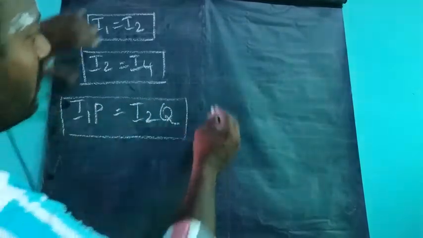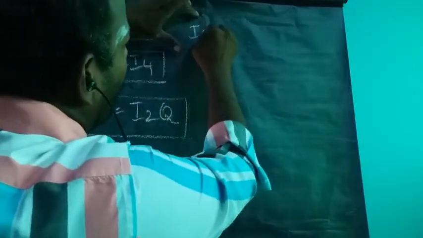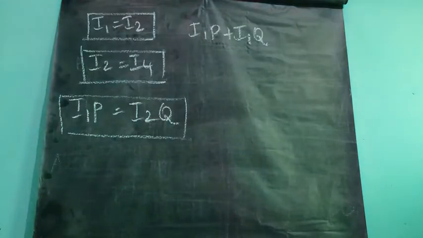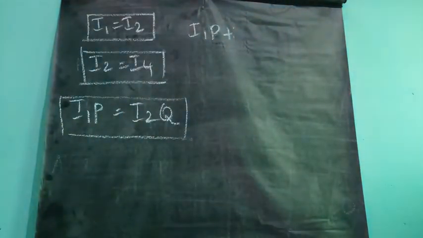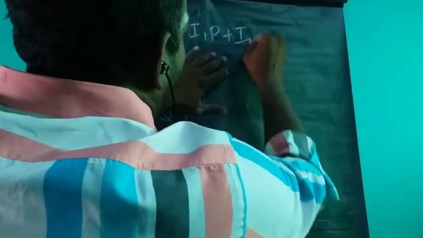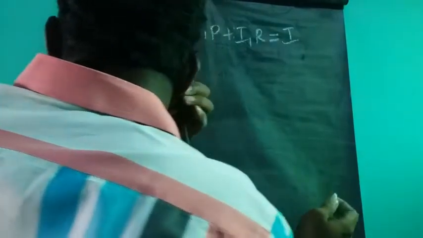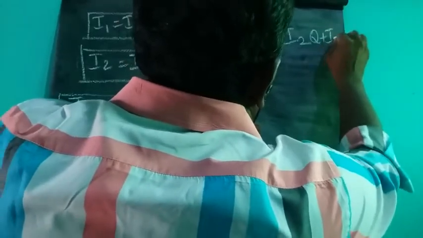And the third one we have got is I1P plus I1R is equal to I2Q plus I2S.